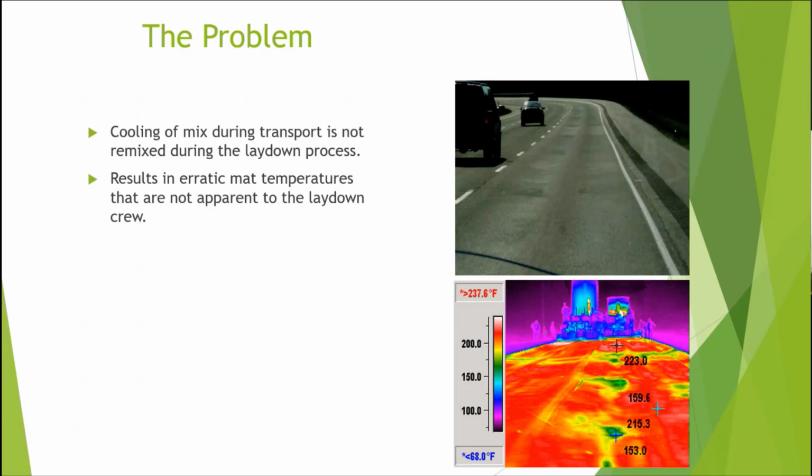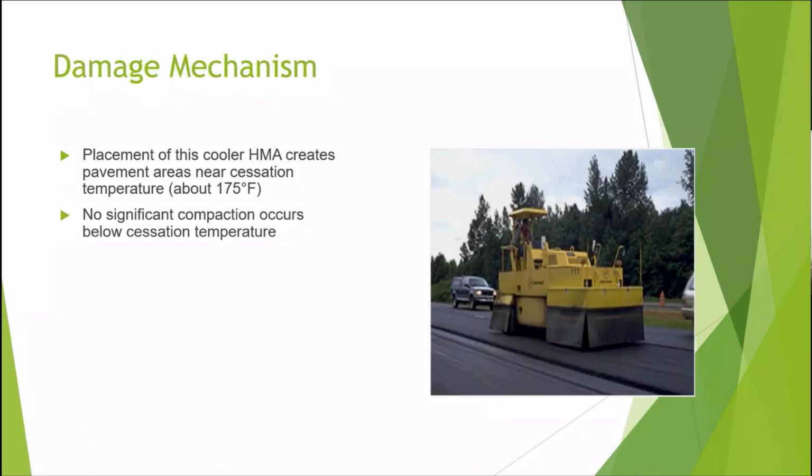And the paver mounted thermal profilers give you the first line of attack, as you can tell those spots. Look at the lighter color here. It almost looks like an end of load and a paver feed problem, right? Because I can do the same amount of passes, but they're much less effective on 160-degree mix than they are on 223 degrees. So my density is going to be lower.